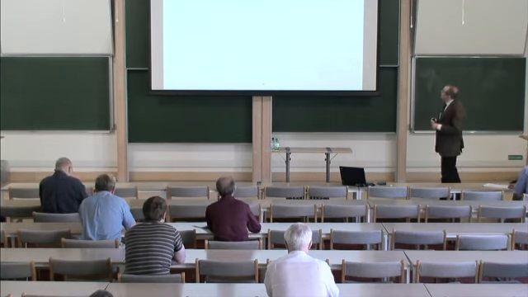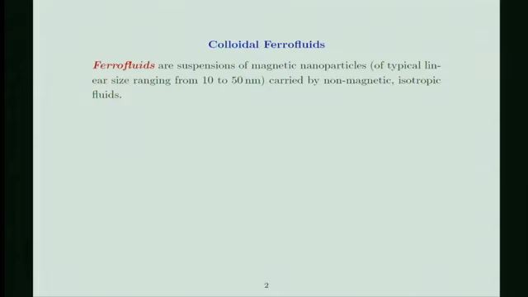So I'll talk about ferrofluid monolayers, and before going into more details concerning the geometric arrangement of these fluids, I would simply recall what a ferrofluid is. Generally, ferrofluids are suspensions of magnetic nanoparticles with typical size ranging between 10 and 50 nanometers, carried by non-magnetic isotropic fluids. These suspensions acquire magnetic properties, but these properties belong to the dissolved particles, and eventually they are transferred to the fluid as a whole.